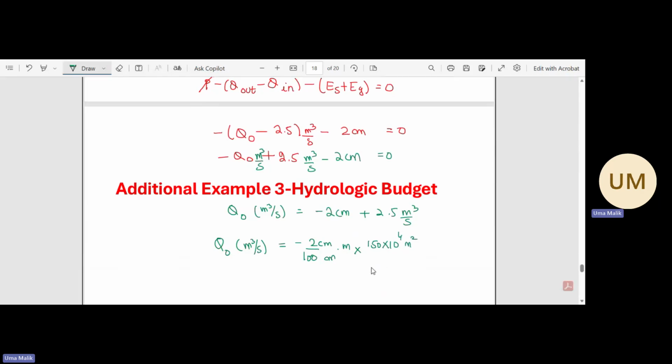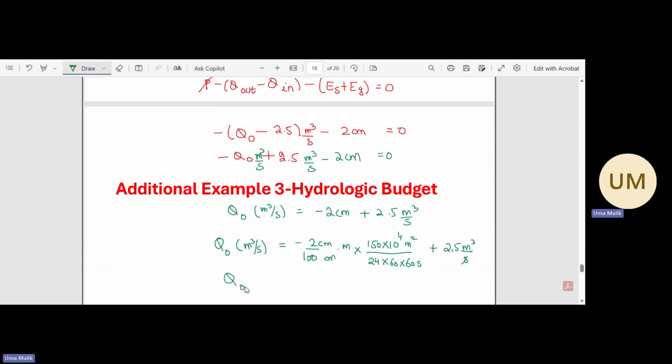The time period is 24 hours, so over 24 hours we have 24 into 60 into 60 seconds, plus 2.5 meter cube per second.